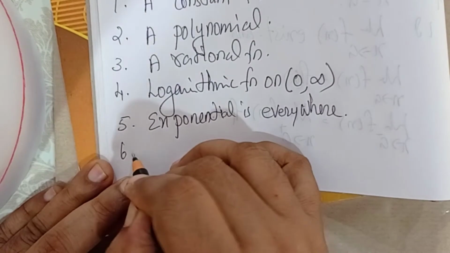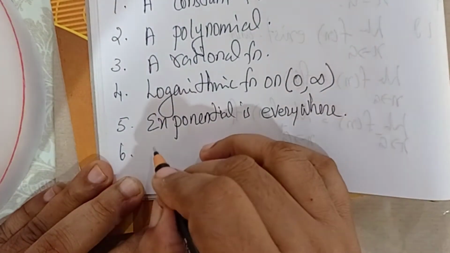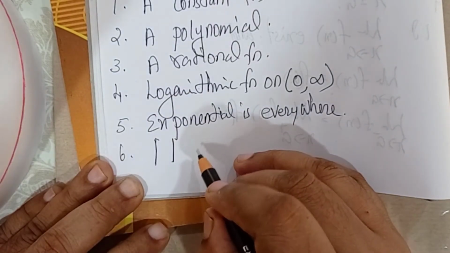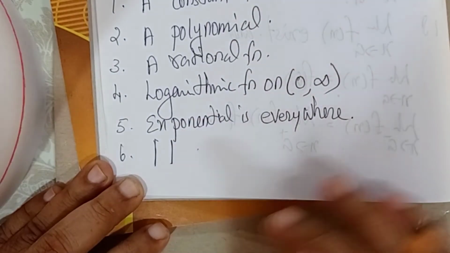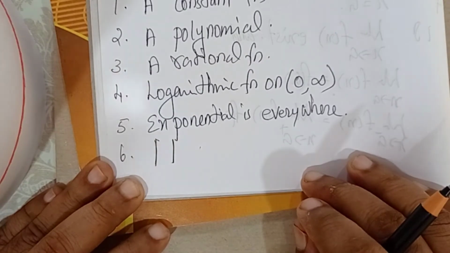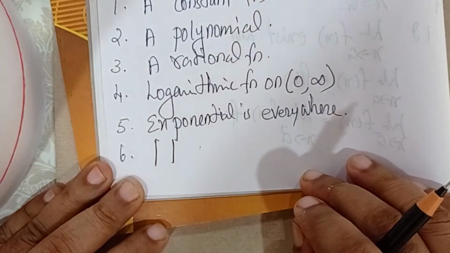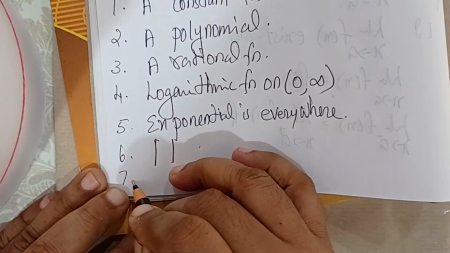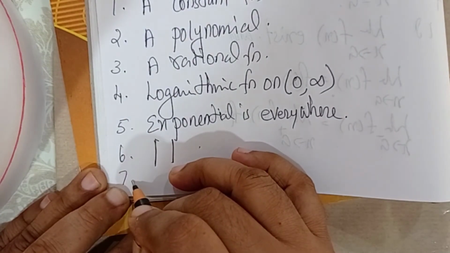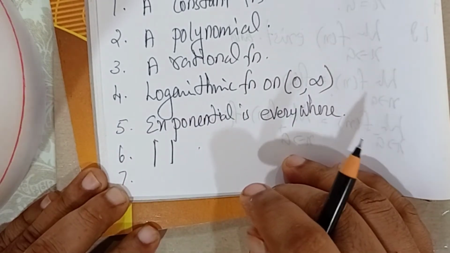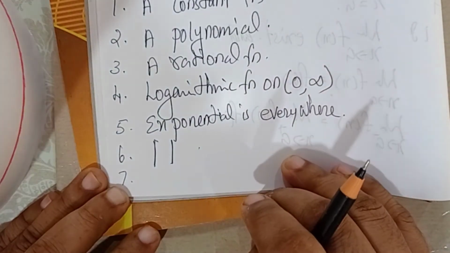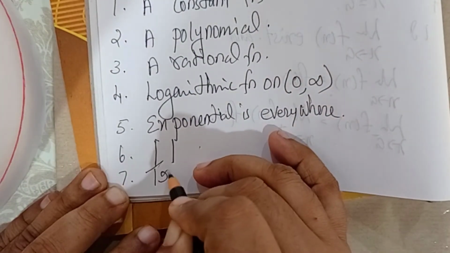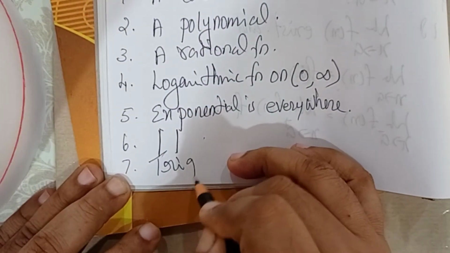Then the sixth one is the modulus function, which is everywhere continuous. And the seventh one says trigonometric functions are continuous in their domains.